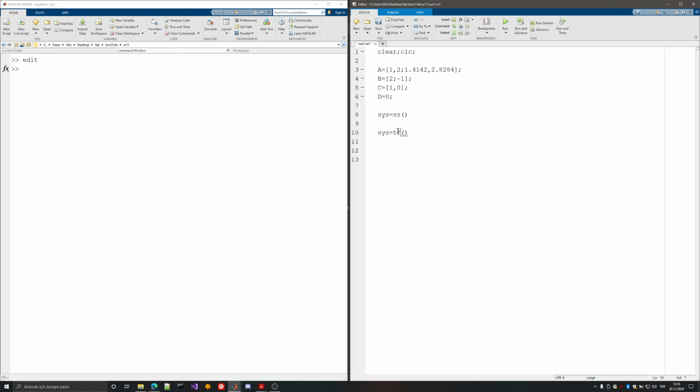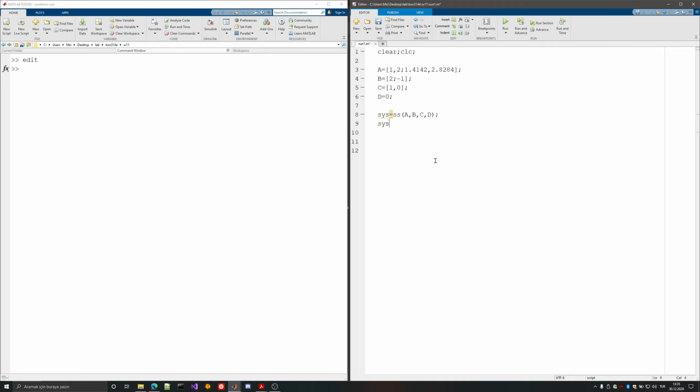The only difference is that the transfer function abbreviation is TF, and state space is SS. So you have to give the A, B, C, and D matrices that are necessary to define the state space, whereas for the transfer function you give num and den, the numerator and denominator. That's the reason why we will use SS here.